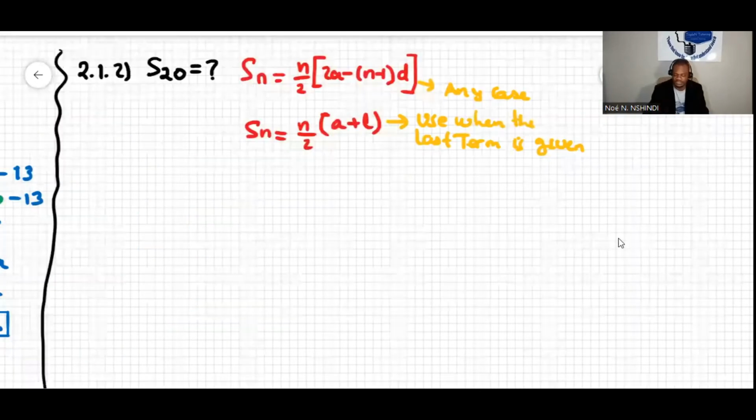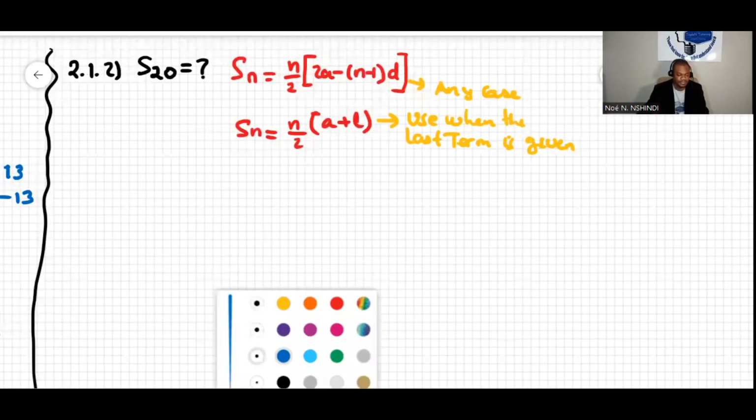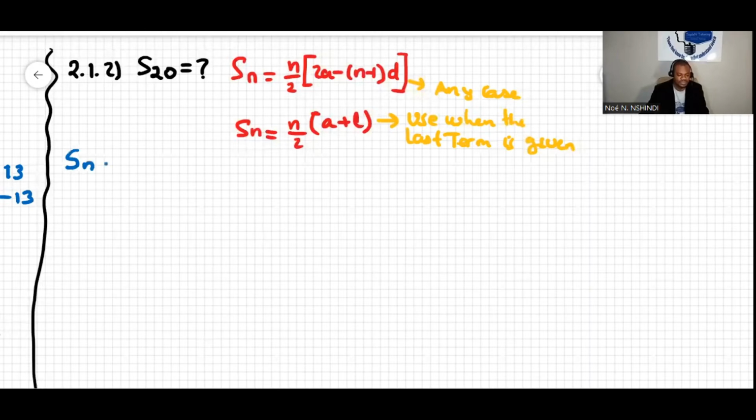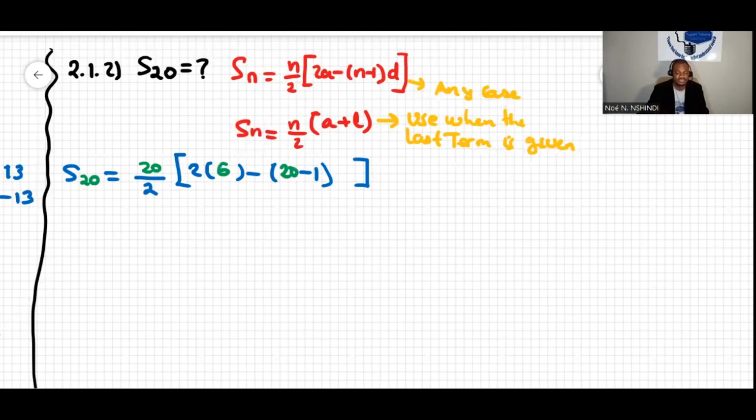Now we can do the calculations here. Let's just work out S20. Sn is n over 2, 2a plus n minus 1 times d. So I'm going to substitute, n is 20, so S20 equal to 20 over 2, open square bracket 2a, a is 6, minus n, which is 20, times d is 7.